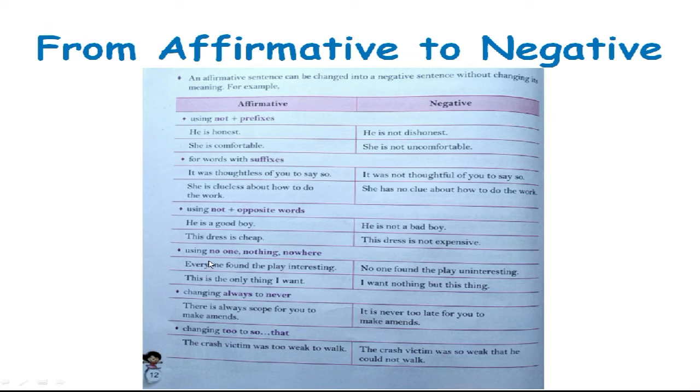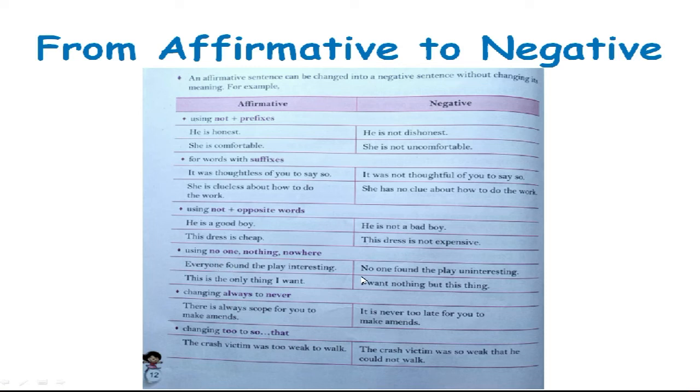Next, using no one, nothing and nowhere. Till now I was telling you that you can use no, not. Now you can also use no one, nothing and nowhere to make your sentences negative. Let's look at the example. Everyone found the play interesting. Now I will change everyone to no one.